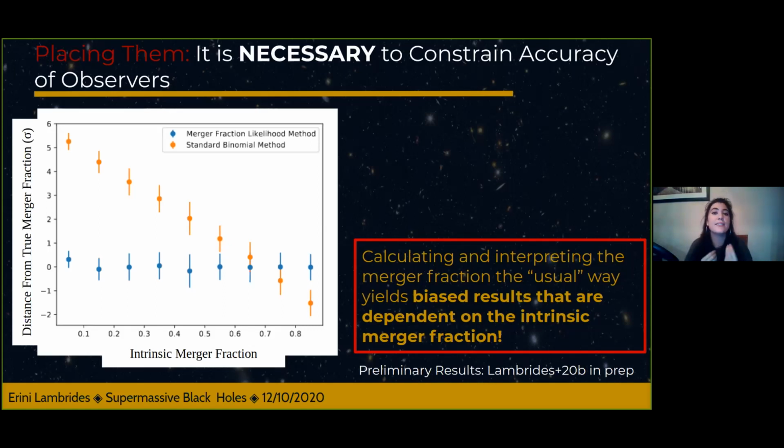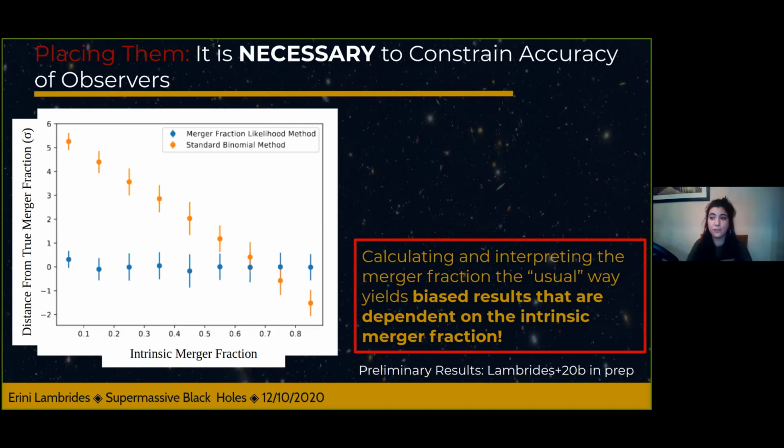We say that that is not possible, that calculating and interpreting the merger fraction the usual way, so making that assumption and using binomial statistics, yields results that are dependent on the intrinsic merger fraction of each of those individual samples.